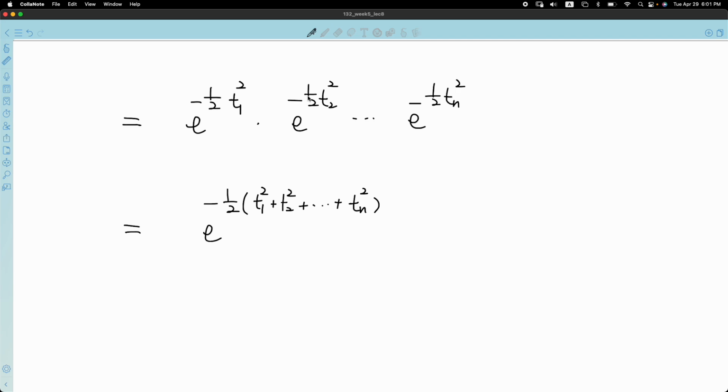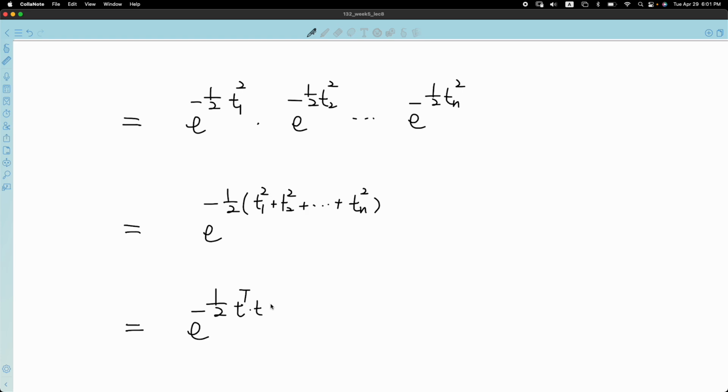Okay, now let's write it in the compact form. Let's do the opposite of the inner product. You have e raised to the power of negative 1/2 t transpose t. Okay, so t transpose t is the inner product: element-wise product and then take the sum. So now I'm doing the opposite way, writing all the sum into an inner product, just to make it compact notation. Vector matrix multiplication operates the same as the scalar version, you just write it compactly.